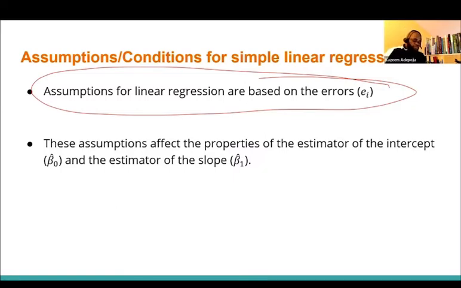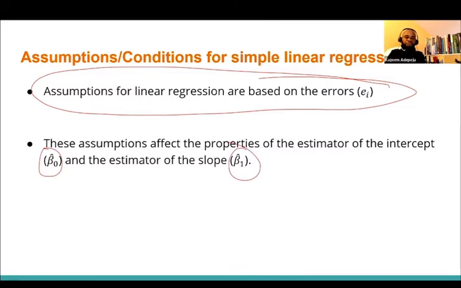These assumptions actually affect the properties of the estimator of the intercept and the estimator of the slope. You remember I told you last week, if you really want to characterize the relationship between two variables, you need to first estimate beta naught and beta 1. I gave you formulas to do that.